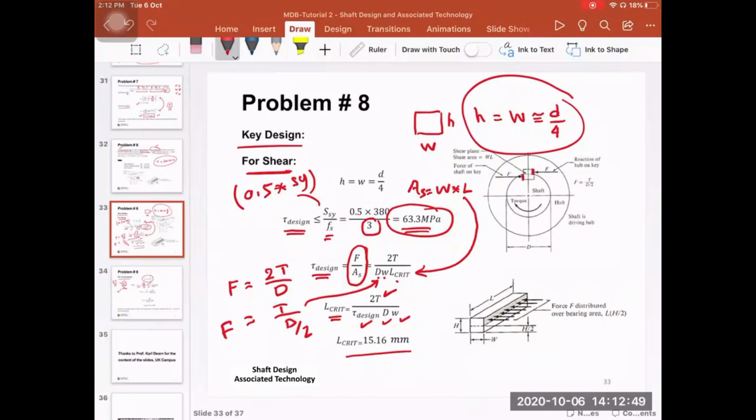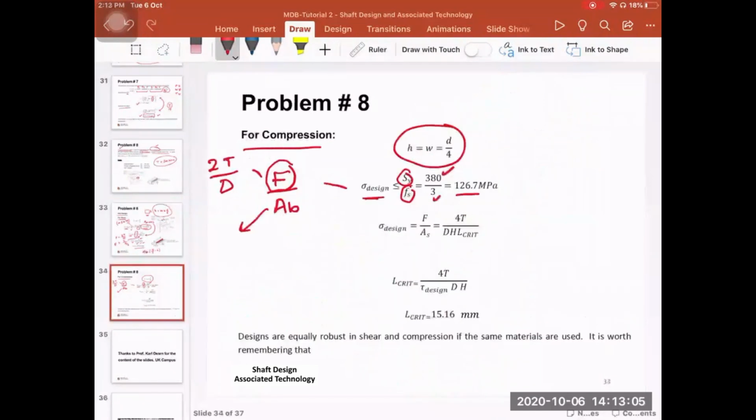So it is the top half of this key. So it is H over 2 times L. This is the area bearing, okay? So in this case, the area bearing is H over 2 times L, okay?